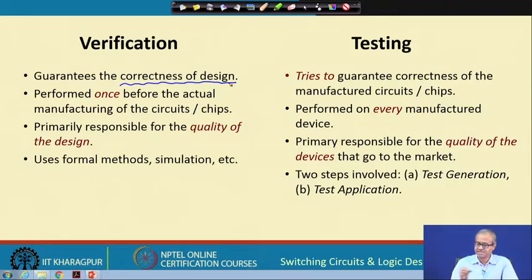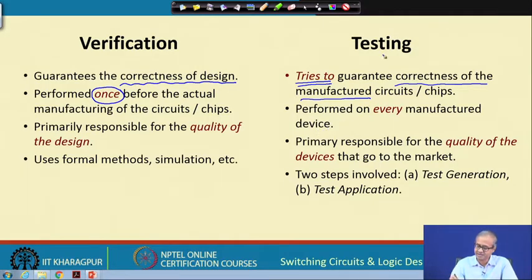Now, in contrast, testing, as I just now mentioned, can never give a 100% guarantee. It tries to guarantee correctness of the manufactured hardware. It can be circuits, chips, anything. For verification, because we are talking of the design which possibly you have done on a piece of paper, this is performed only once before you start the actual manufacturing. Now, in contrast, faults can occur in each and every device.